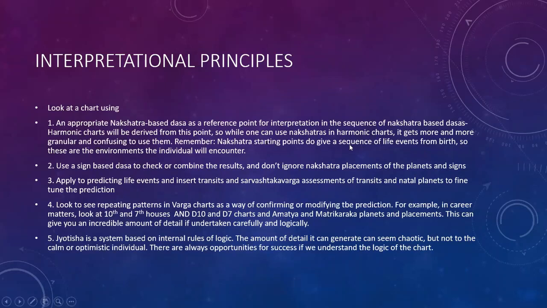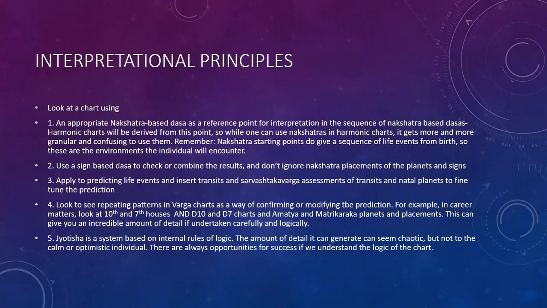While one can use nakshatras in harmonic charts, it gets more and more granular and confusing to use them to determine mahadashas. It's just not practical. Remember, nakshatra starting points do give a sequence of life events from birth, so they are the environments the individual will encounter. Use a sign-based dasha to check or combine the results, and don't ignore nakshatra placements of the planets and signs.